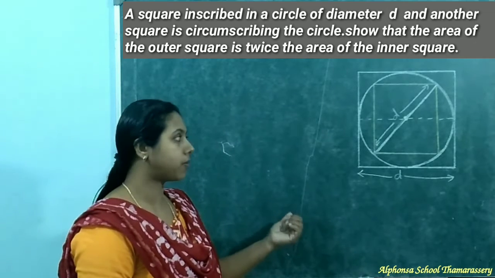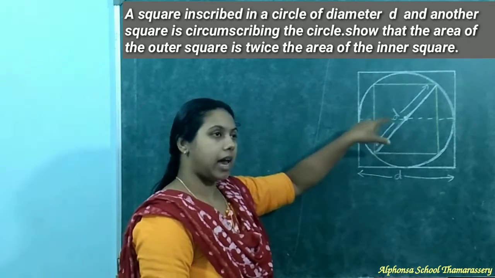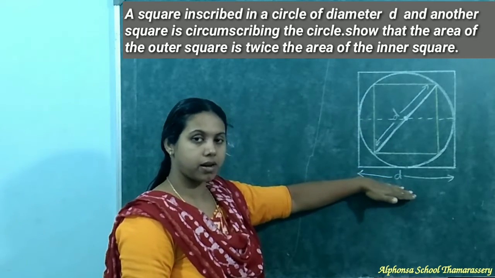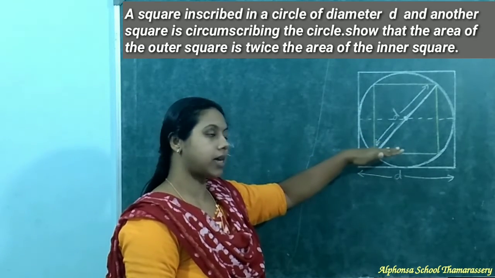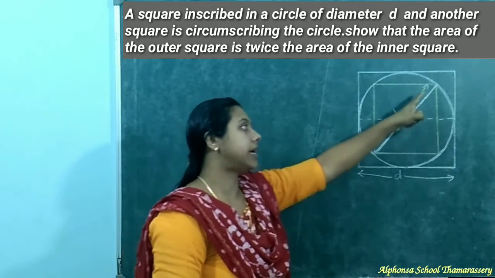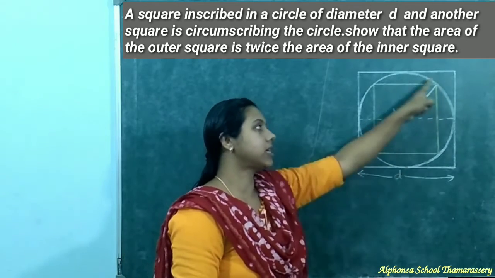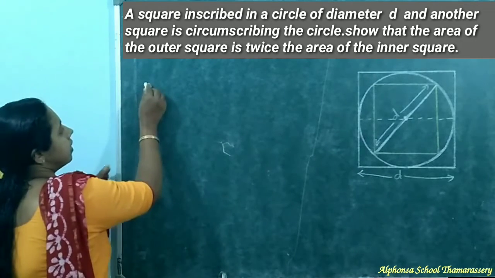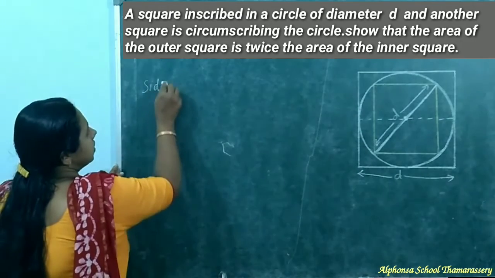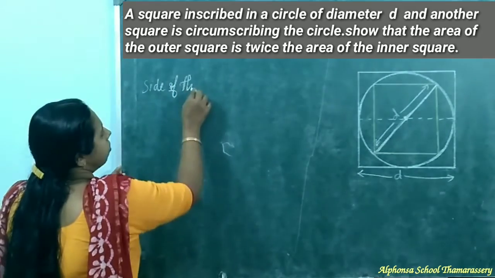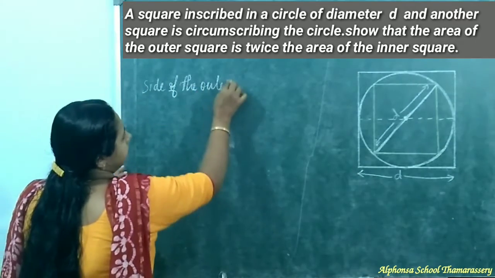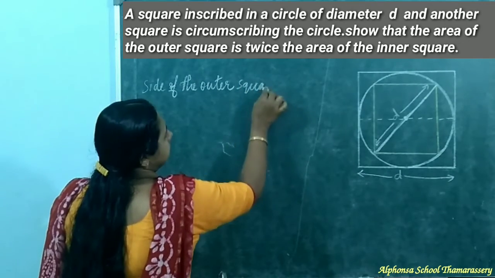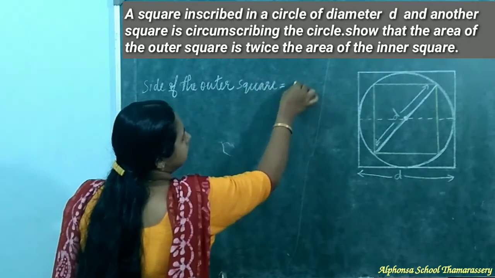I will repeat once more. The diameter of the circle is equal to the side of the outer square and the diameter of the circle is also equal to the diagonal of the inner square. So side of the outer square is equal to d.